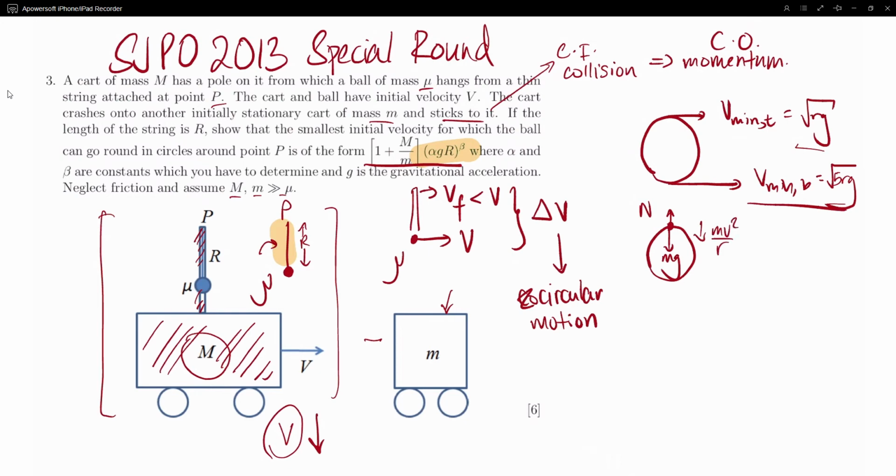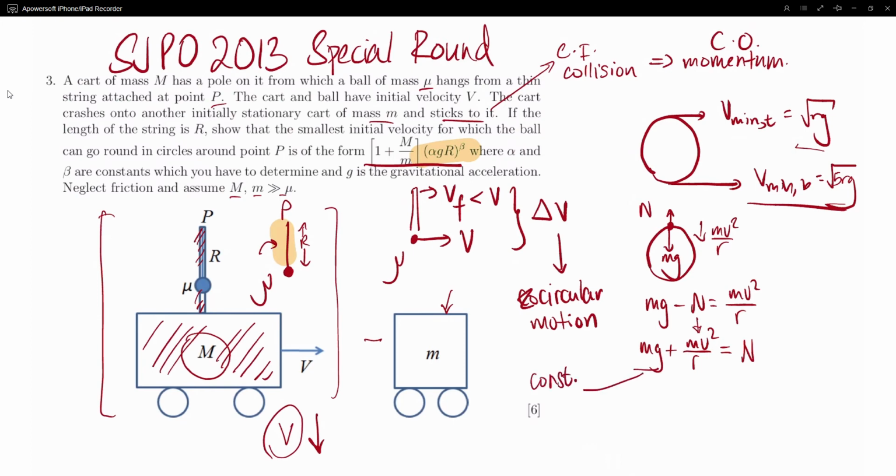When we do the force analysis, we find that mg plus N is mv squared over r, meaning that N equals mv squared over r minus mg. So we want v to decrease. mg remains constant.